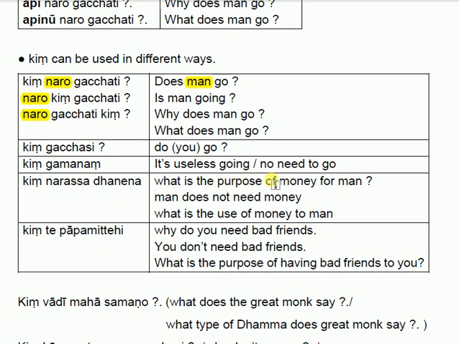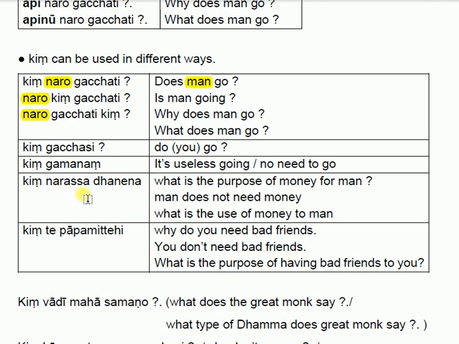So kim gamanam. Here we use kim for questioning, but here not for questioning. It's a statement, saying it is useless going, or no need to go.